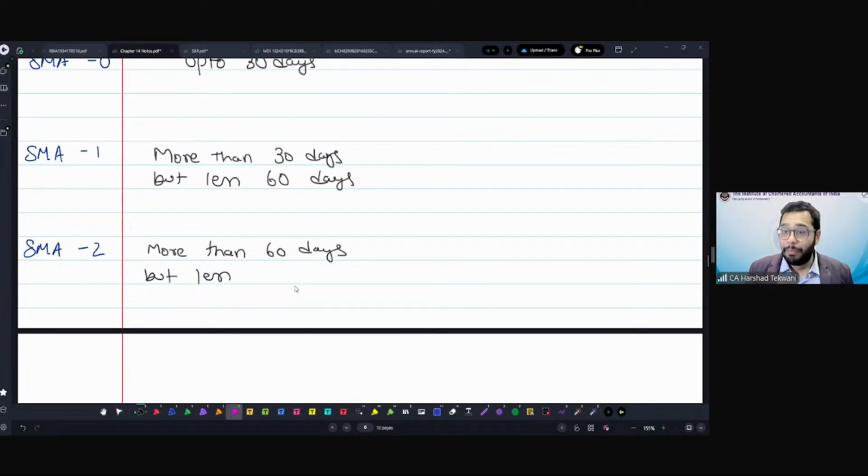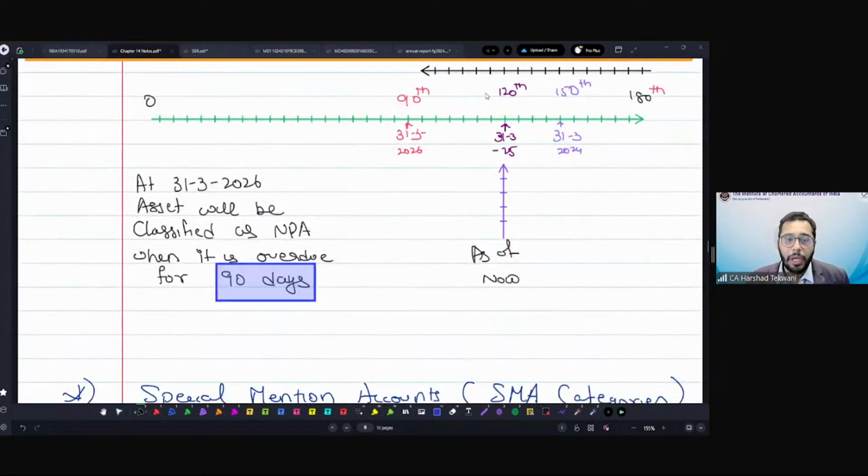now this is very important, the as required days, it will be called an SMA 2. Now, what is this as required? Remember the glide path that we discussed? Now this 120 days, we are as on 31st March 2025.